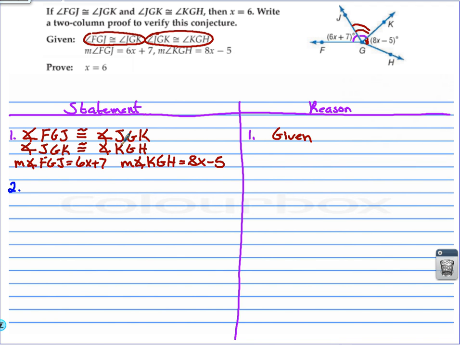If FGJ is congruent to JGK, that means that the measure of angle FGJ is equal to the measure of angle JGK. And that also means that, since they're congruent here as well, the measure of angle JGK is equal to the measure of angle KGH.